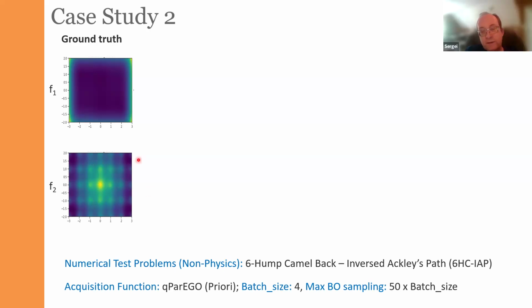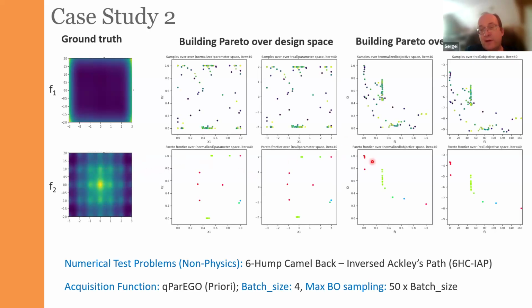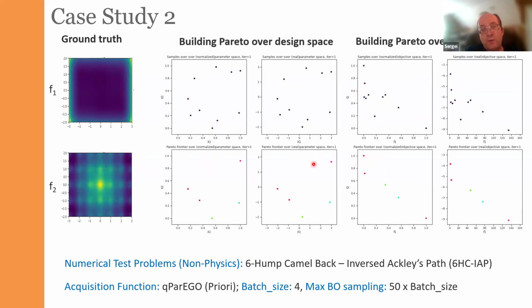The second function is the Oakley function, which has multiple metastable optima, which are well separated. So in this case, the exploration of the Pareto space is a little bit more complicated.